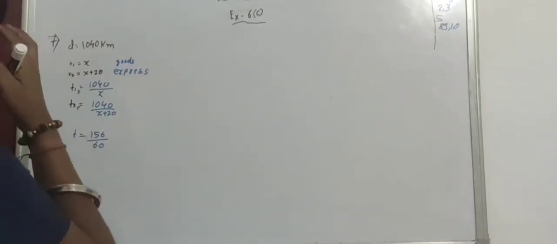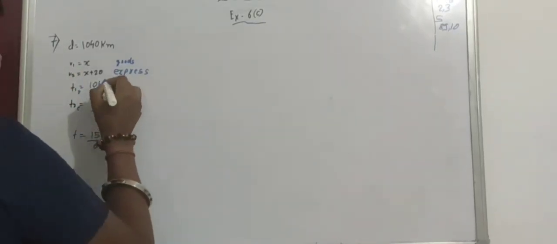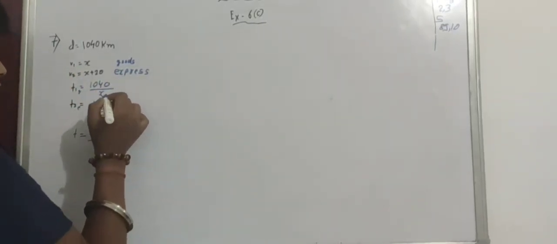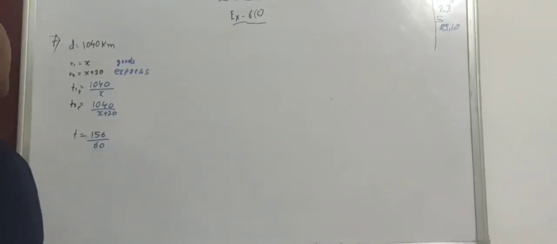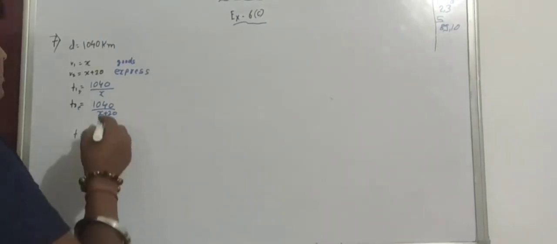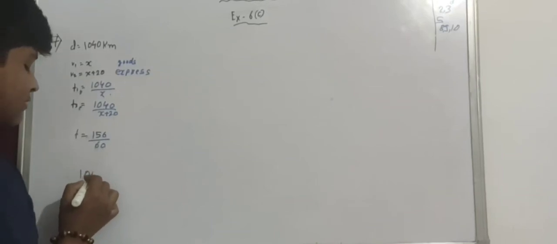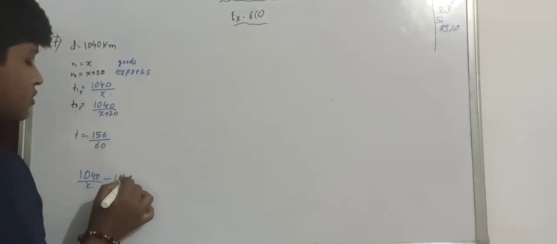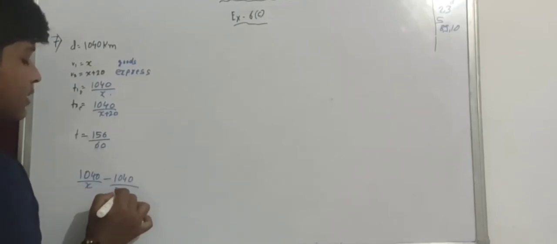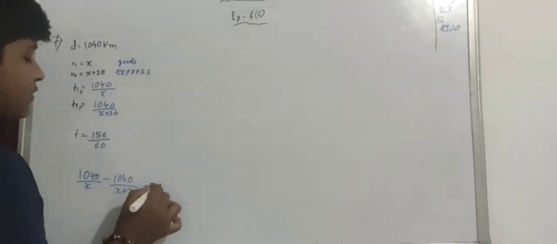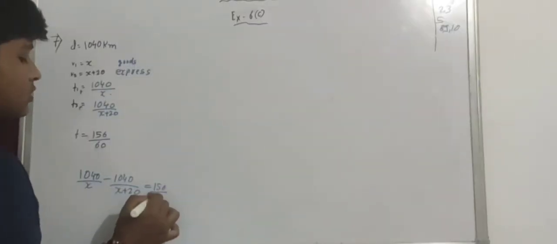So the difference is this. The speed is less, so the time is greater. The greater time is this than this. So subtract 1040 by x minus 1040 by x plus 20 is equal to 156 by 60.